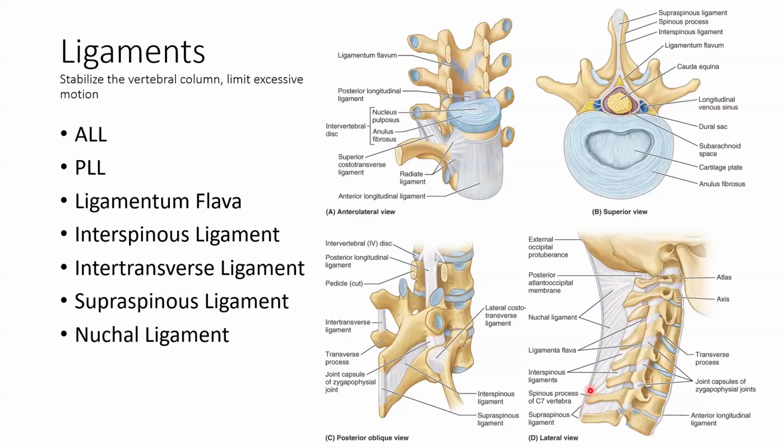But from C7 up to the head, we see this ligamentous structure connecting to those spinous processes. That's called the nuchal ligament. The nuchal ligament is also helping to resist excessive spinal flexion, and also helps support the head and is an important attachment point for muscular structures that we'll be talking about.